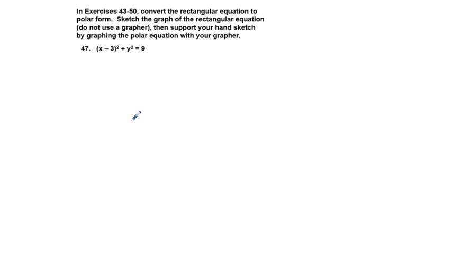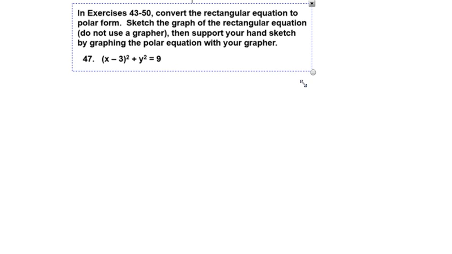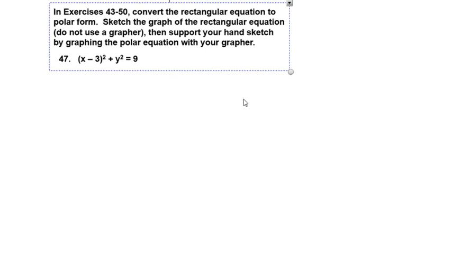Next odd number problem, 47. We'll make this one just a shade bigger. We have this equation, quantity x minus 3 squared plus y squared equals 9.